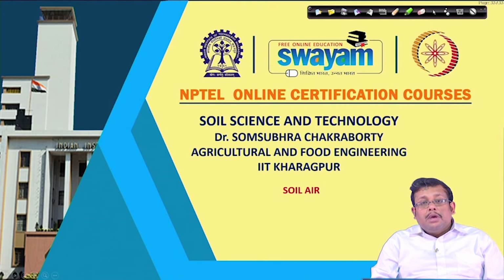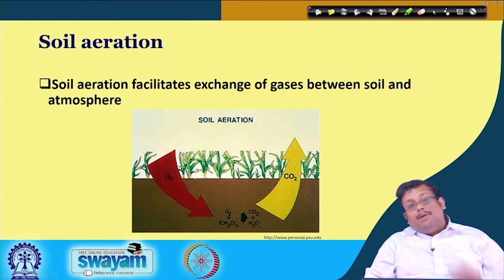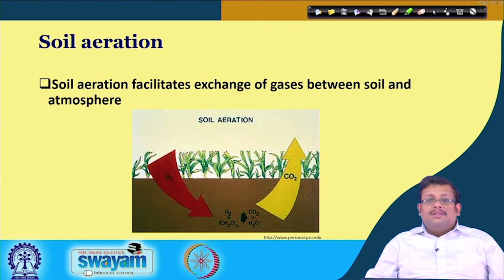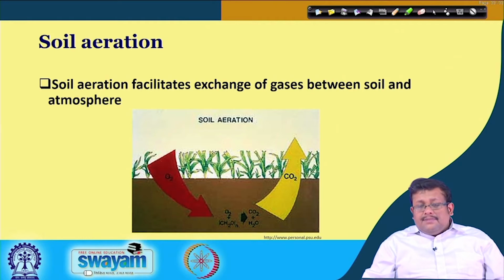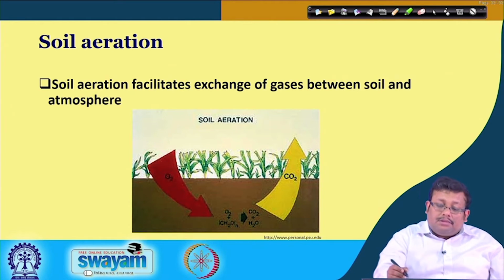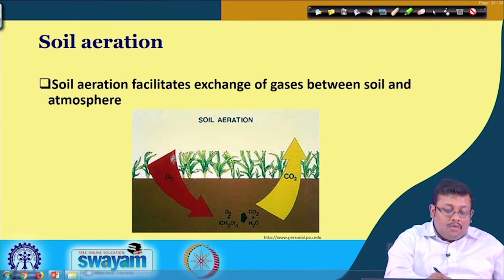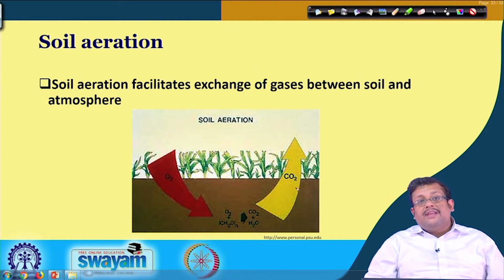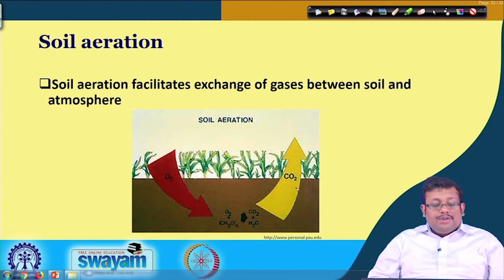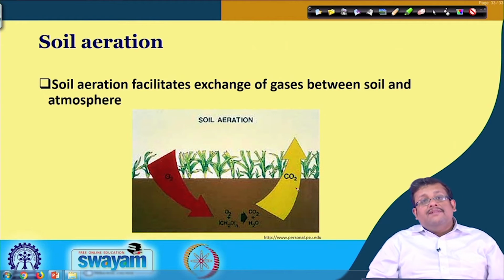That is the soil air. The soil air is very important. The process is called soil aeration. Soil aeration is basically the exchange of oxygen and carbon dioxide between the atmospheric air and the soil air. Soil aeration facilitates the exchange of gases between the soil and atmosphere.